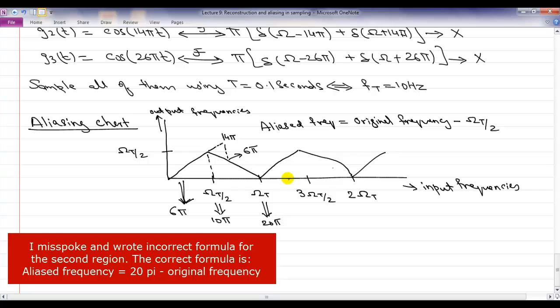Our third case was a frequency of 26 pi. In that case, we recovered again a frequency of 6 pi, and for that my alias frequency was essentially 26 pi minus 20 pi, equal to 6 pi. And you just keep on bouncing back and forth about that.